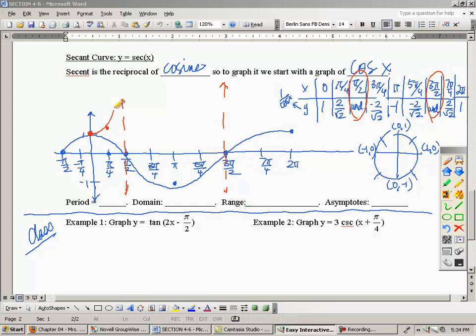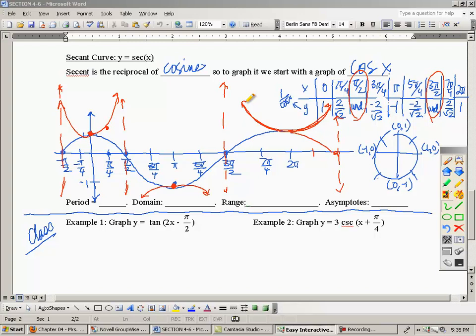And I look at this and it gets bigger here before I hit my next asymptote at negative pi over 2. At pi, I touch at negative 1, and negative 2 divided by the square root of 2 is bigger, so it goes down. And I'll have my asymptote again down here, so if my curve goes like this, as I look, this is going to turn upward. And you can kind of see again those parabola shapes.